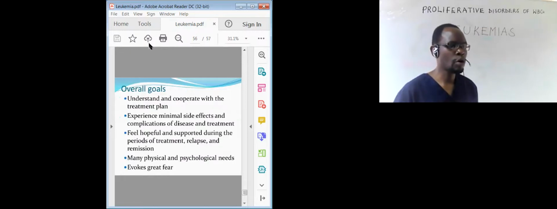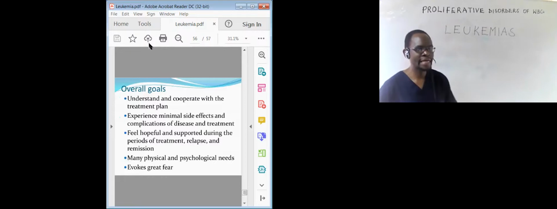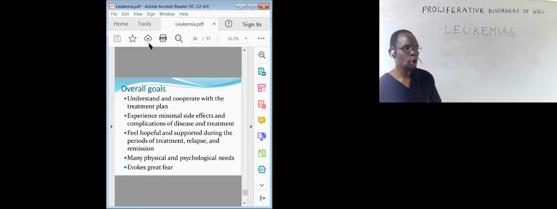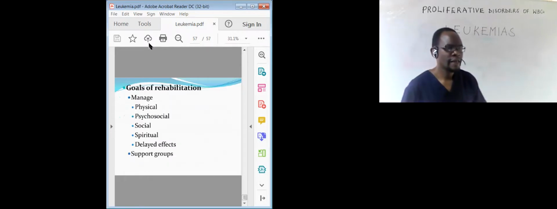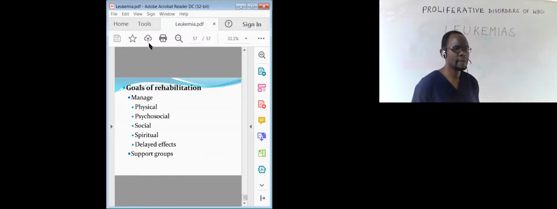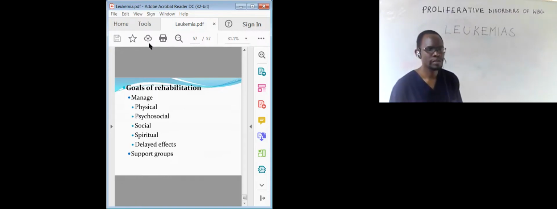Then the goals are basically to understand and cooperate with the treatment plan, experience minimal side effects, and feel hope. Rehabilitation, physical, psychosocial, and spiritual care are very important in the management of these patients.